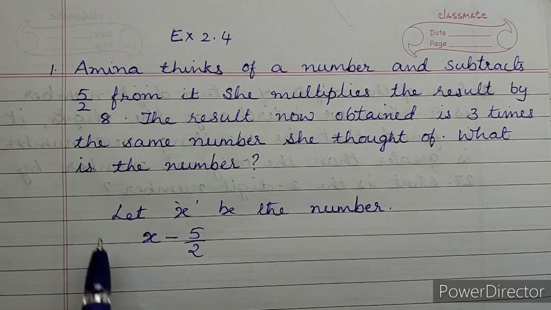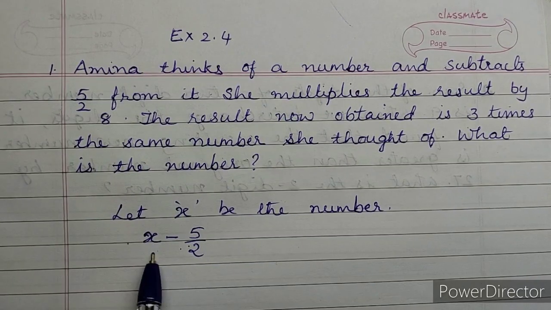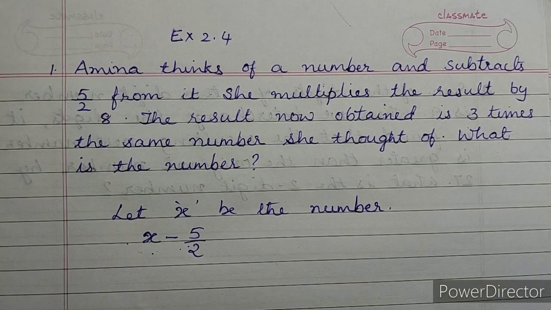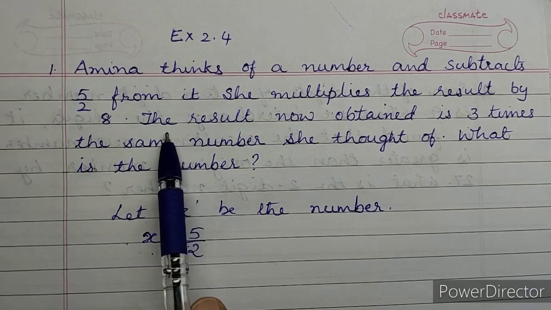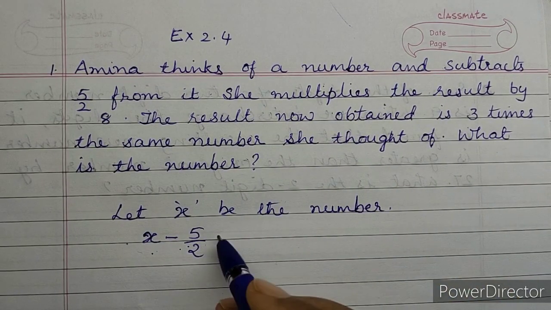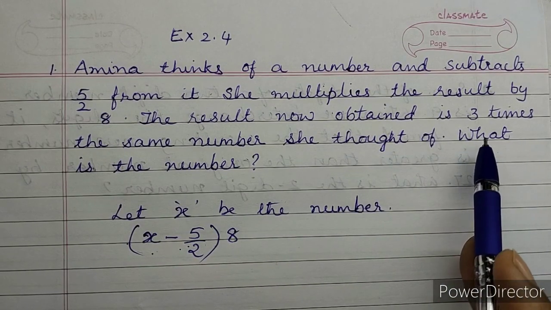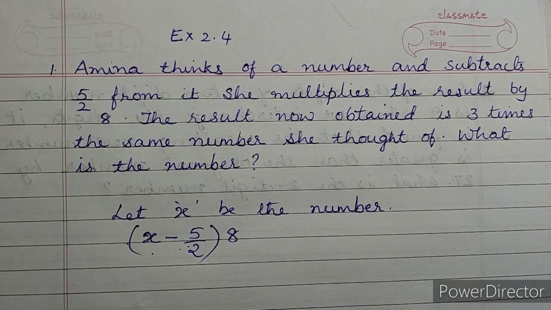When she subtracts 5 by 2 from that number, you will get x minus 5 by 2. Next, she multiplies the result by 8. So you have to multiply this. Since it is a binomial, you have to put it inside the bracket and multiply by 8. The result now obtained is 3 times the same number.